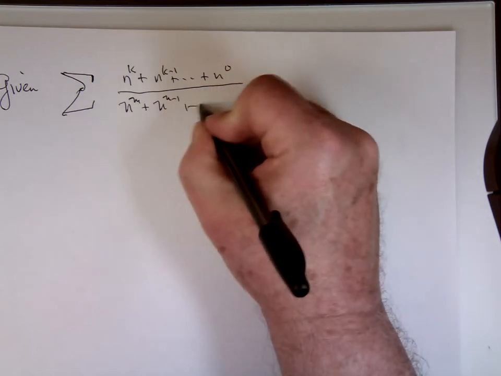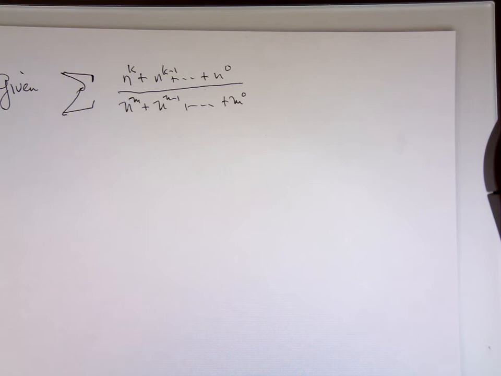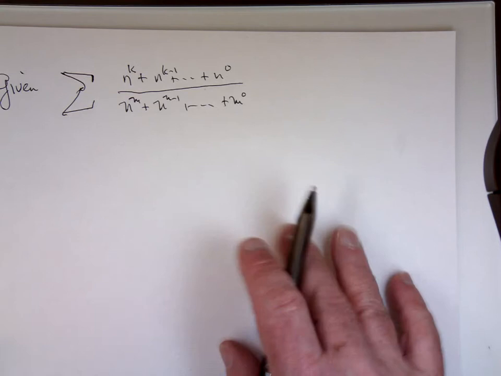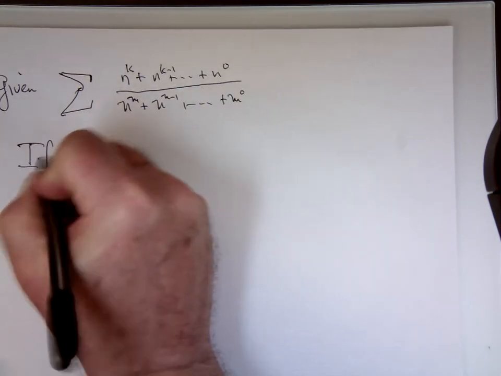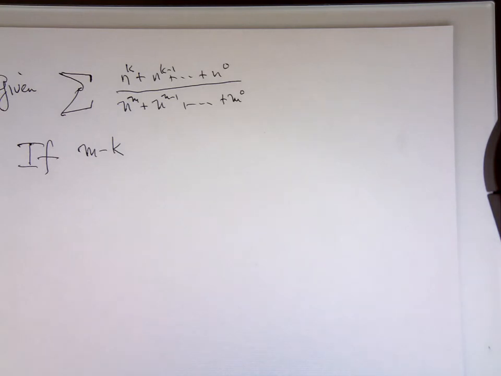So you've got this rational expression here. The key to whether this thing converges or diverges is the difference in degrees. If m minus k is greater than 1, then it converges.